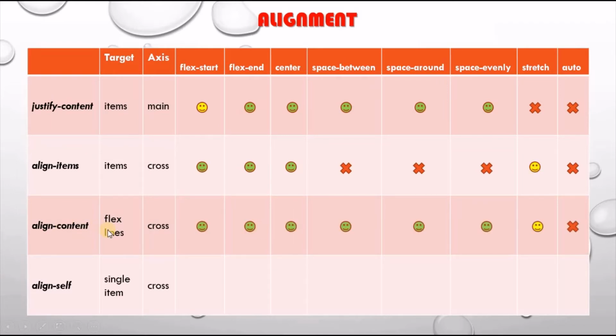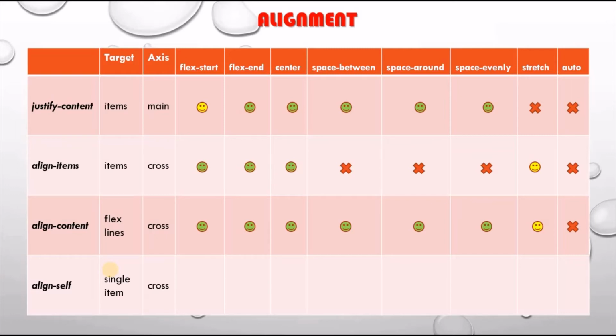The align content again aligns along the cross axis, but it is now aligning flex lines rather than items. Remember, a flex line can contain one or more items. I remember previously I mentioned what flex lines are. When flex wrap is set to wrap or wrap reverse, flex items wrap into new lines whenever they do not fit on the current line.